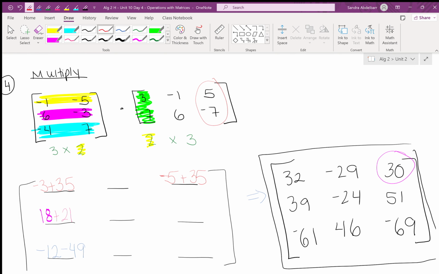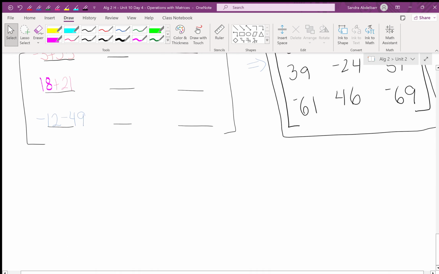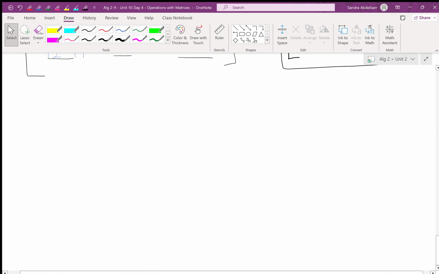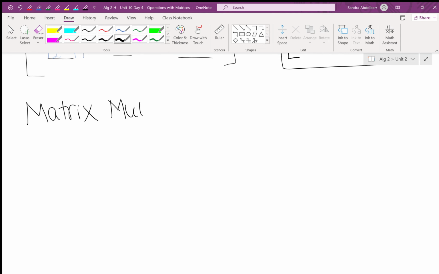Okay. So, a couple of people brought this up. You came to it on your own. Matrix multiplication is not commutative.